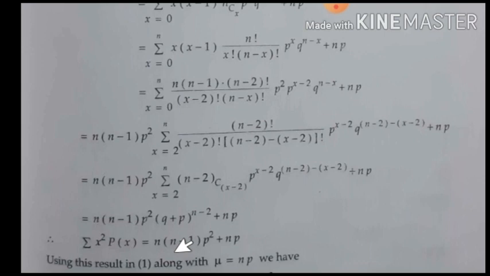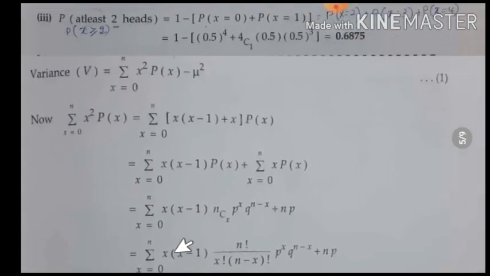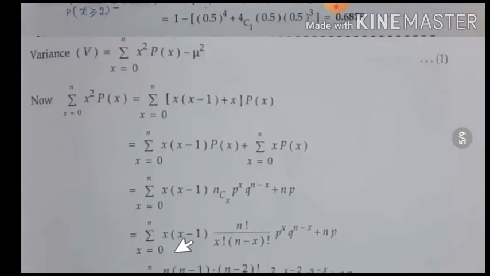So using the result 1 along with mu equal to np, result 1 means which is the step? This is the result 1, the variance formula.